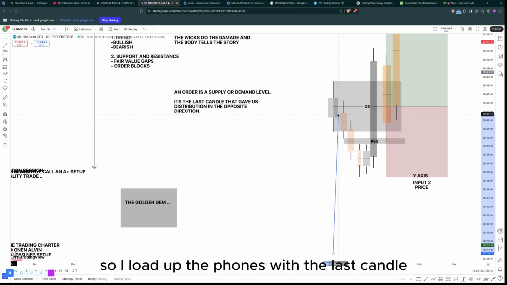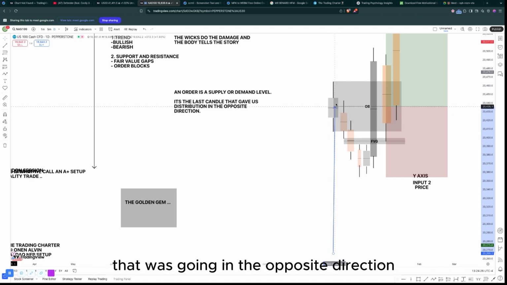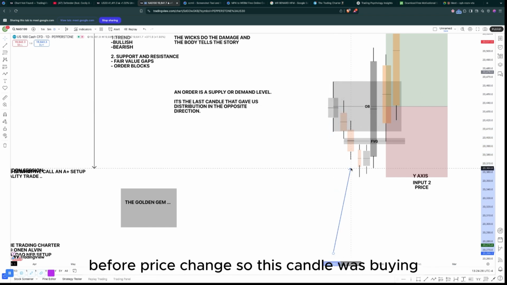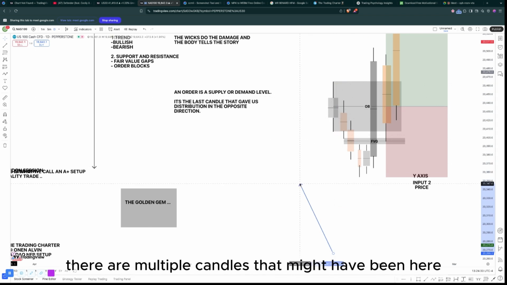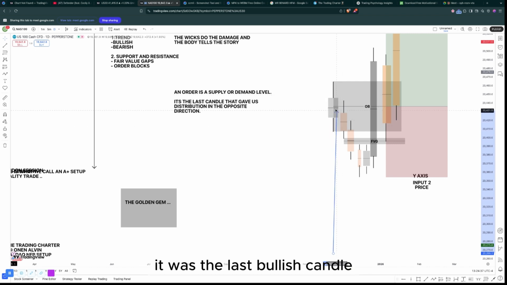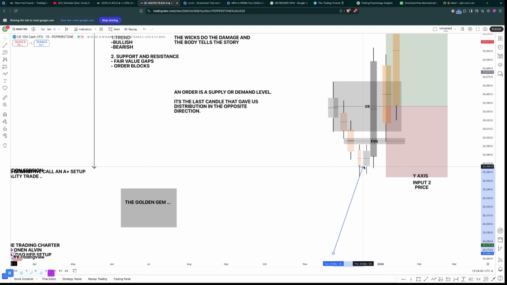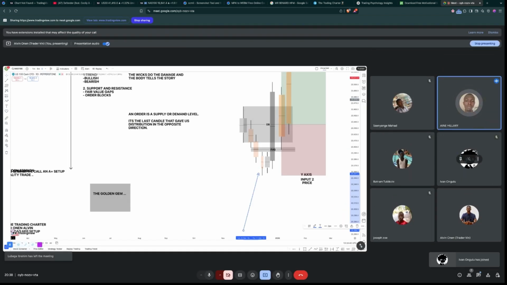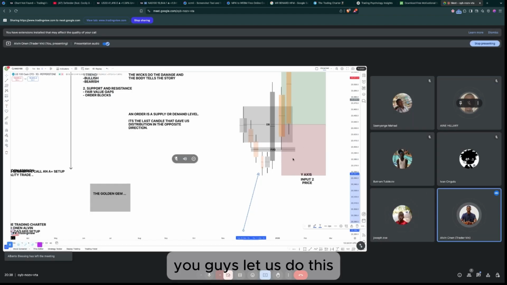So an order block forms with the last candle that was going in the opposite direction before price changed. So this candle was buying. So there are multiple candles that might have been here that were buying, but then here it was the last bullish candle to give us a sell side move. You understand? Have you guys understood this?